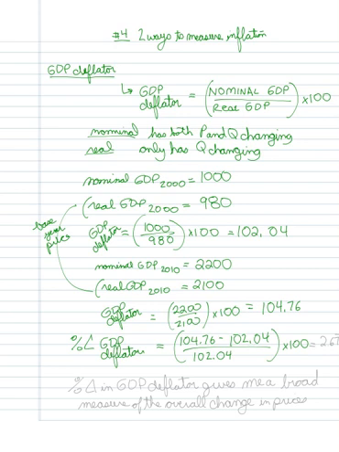So what I'm doing here is just estimating the percentage change, and I get 2.67% basically. So that would be my estimate of how much prices had overall changed in the economy. The percentage change in GDP deflator gives me a broad measure of the overall change in prices.